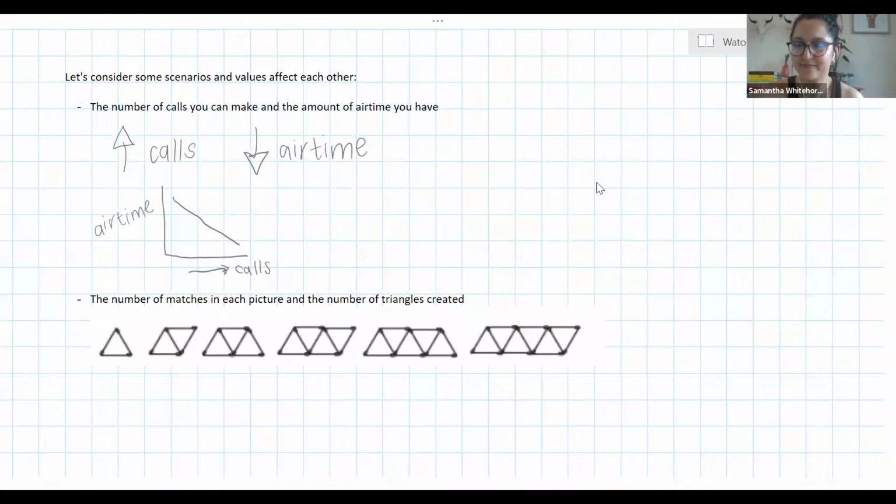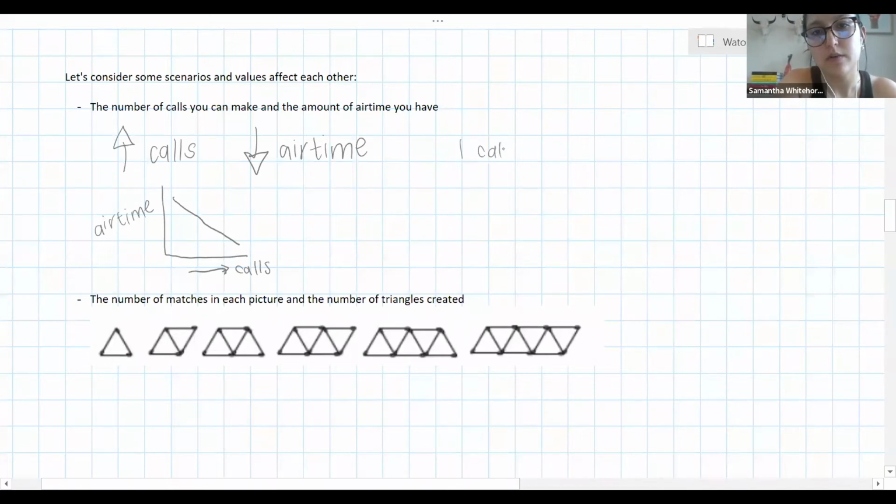Ma'am, I just wanted to ask, so why would the graph decrease downwards instead of another direction? Okay, so, good question. Let's just very basically talk about this. Let's say one call costs one rand.